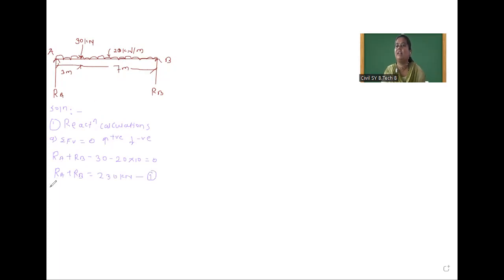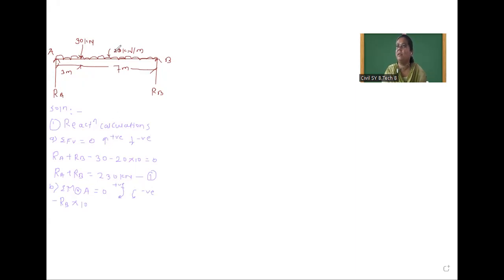After that, the second condition is that we have to take moment at any point. So we take summation of moment at A equal to 0. For this condition, the sign convention is clockwise moment positive and anti-clockwise moment negative. We start from point B. Point B creates anti-clockwise moment about support A, so minus RB into perpendicular distance 10 meter.